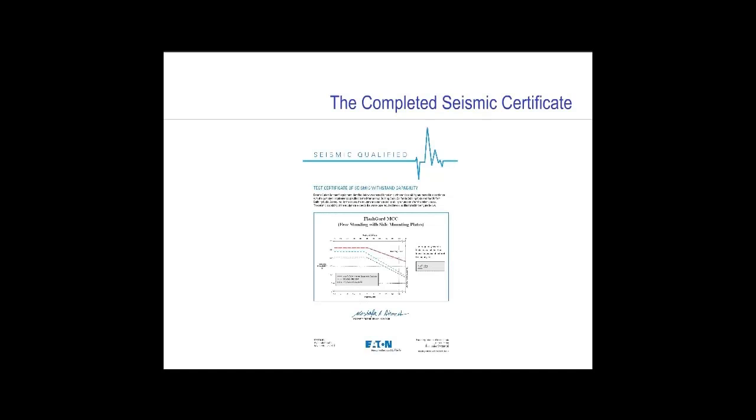The result: a manufacturer's completed Seismic Qualified Certificate with a comparative graphic of the site-specific RRS, Required Response Spectrum values, or it may contain worst-case generic values that exceed those values and the manufacturer's TRS, Test Response Spectrum.